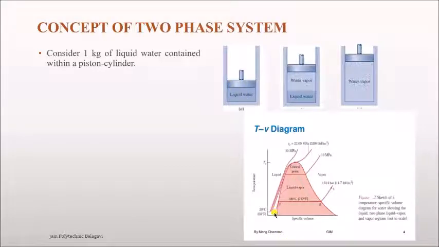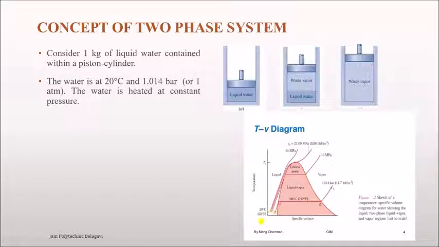At point 1, this is the condition of water. I have taken it at this point, not from here, because when you take water it will have some initial temperature and pressure. That's why, when you plot temperature versus specific volume, the point starts from here.